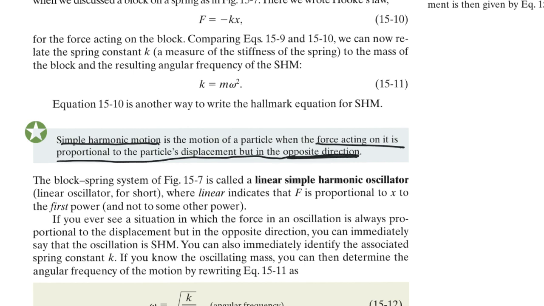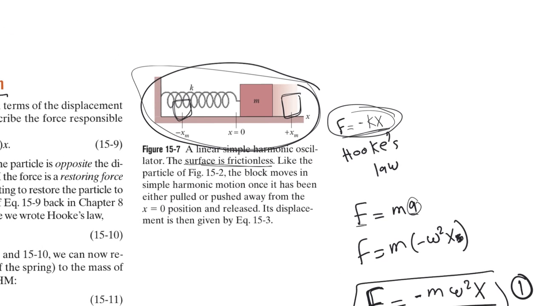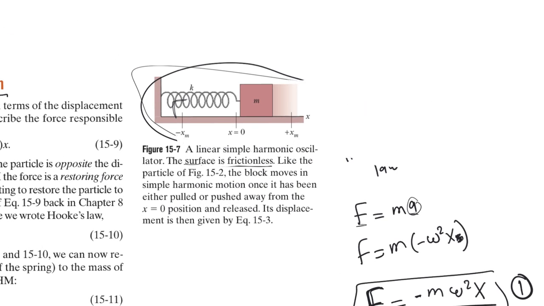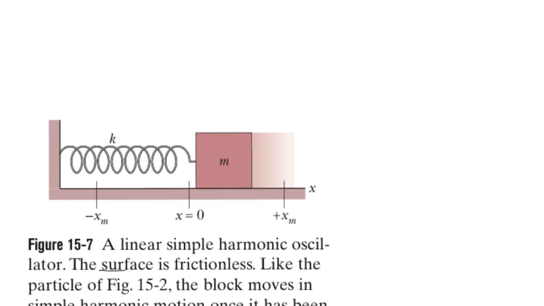What does that mean? For example, if we have this spring, and the spring is now at positive x maximum, the force must also be maximum. Why?